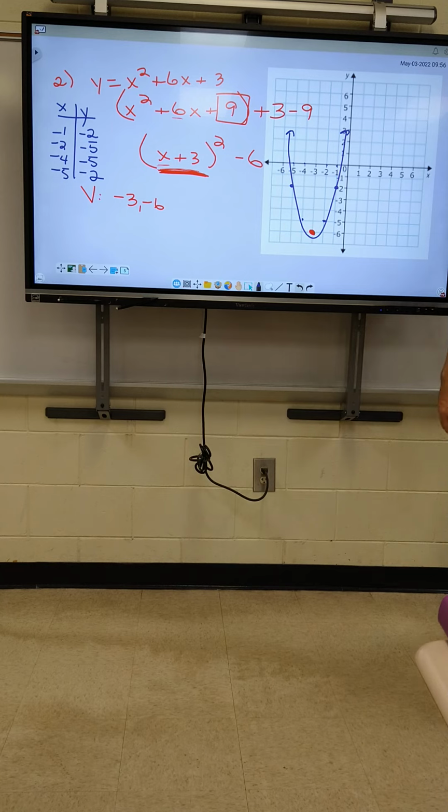Anybody have a question? All right, number 3 should be exactly like 1 and 2. See if you can do it by yourself. See how far you can get before you get stuck. Hopefully you won't get stuck.